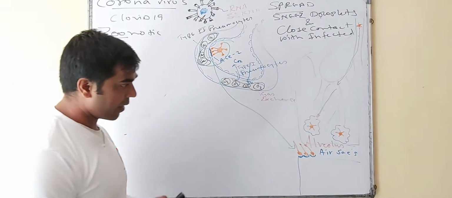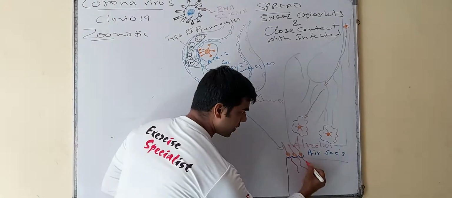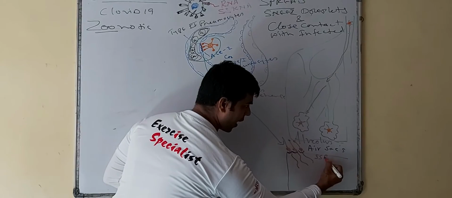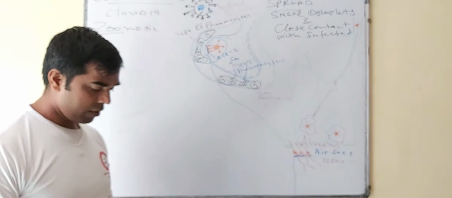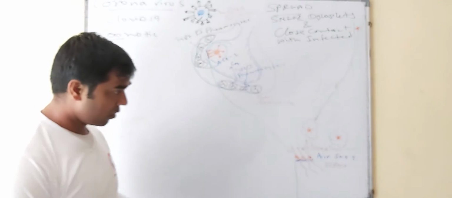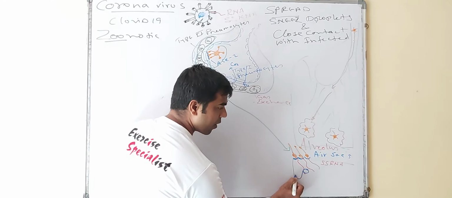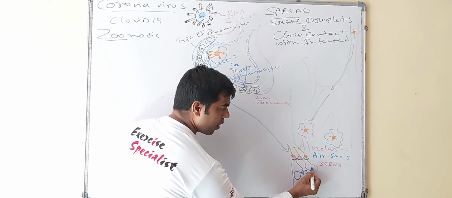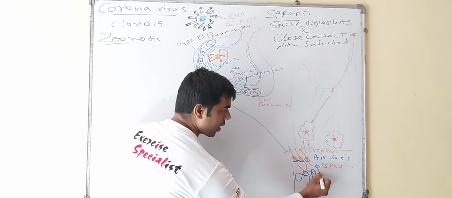Once they bind there, they will release their single stranded RNA, and once it is released into the cytosol, there are free ribosomes. They love to bind here, right? So these are the ribosomes.